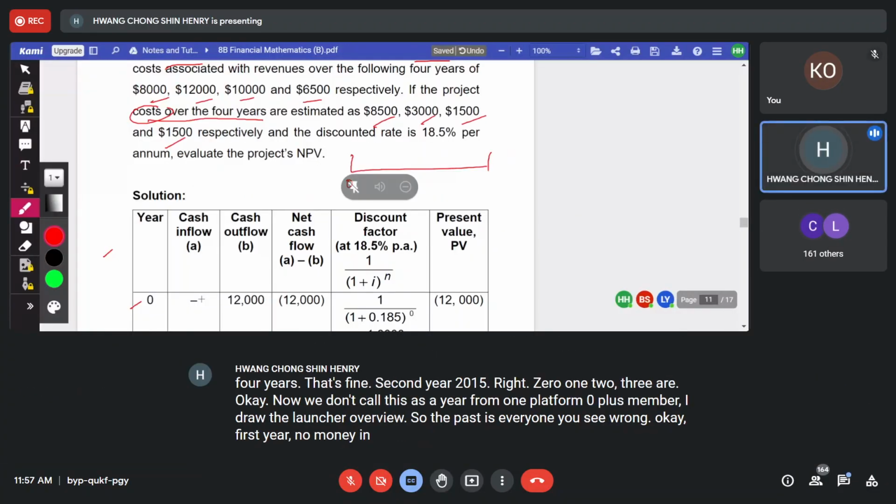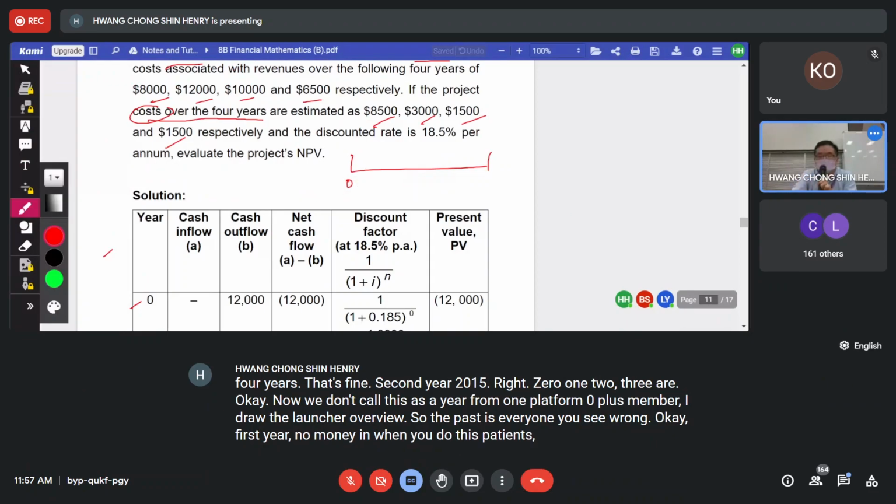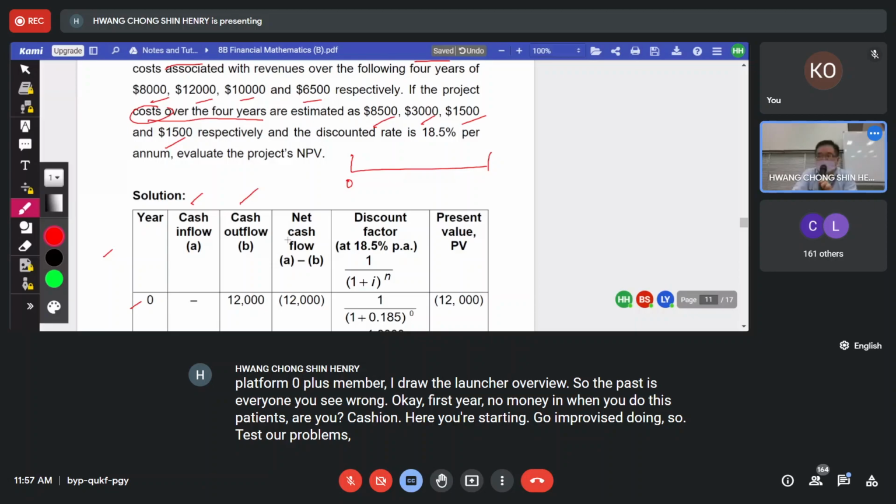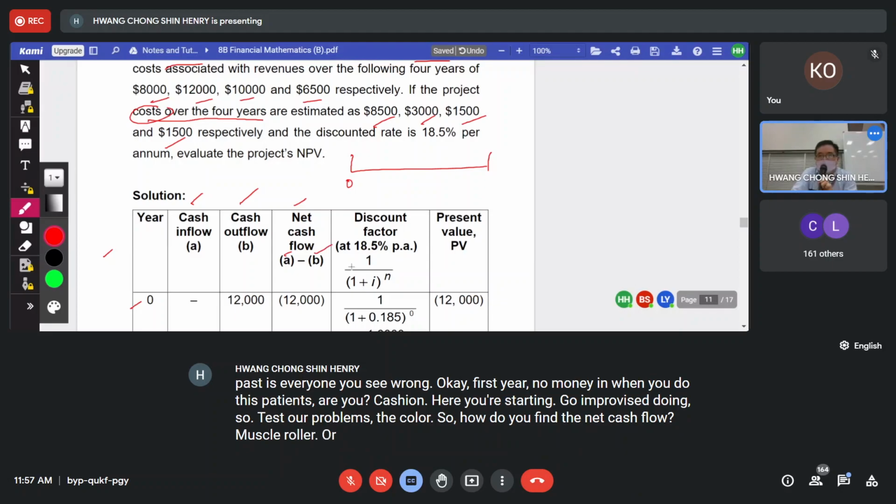Now, when you do this type of question, you build a table like this. Here you start with cash inflow. Inflow means duit masuk. Cash outflow means duit keluar. So how do you find your net cash flow? Masuk tolak keluar, A minus B. Understand? So first, we call it year 0.